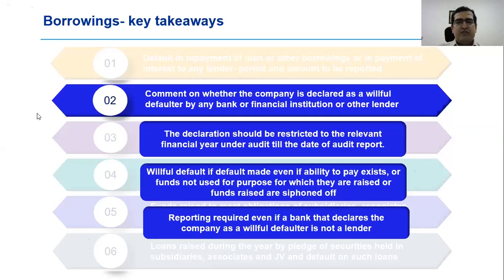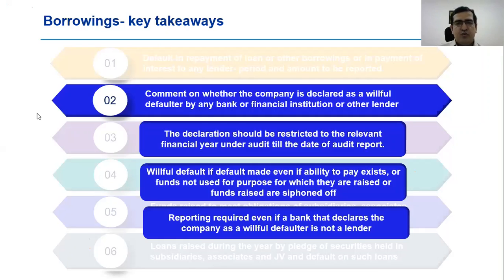But if bank A also calls this particular company A as a willful defaulter, then the auditor will be forced to report. The auditor cannot say that I don't have any relationship or contractual relationship or an existing borrowing with bank A. Bank A has declared company A as a willful defaulter. That logic does not work. The moment the willful defaulter tag is applied, the auditor will be forced to report.